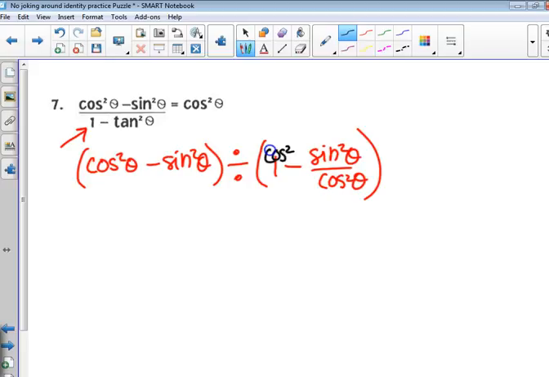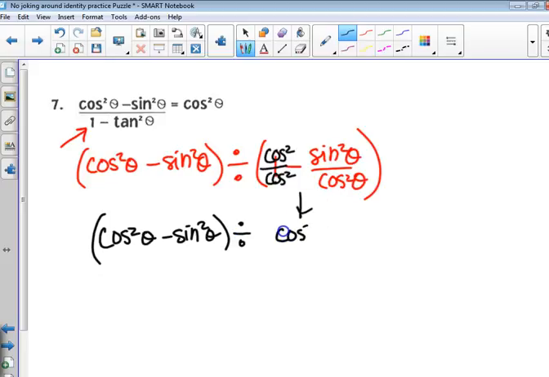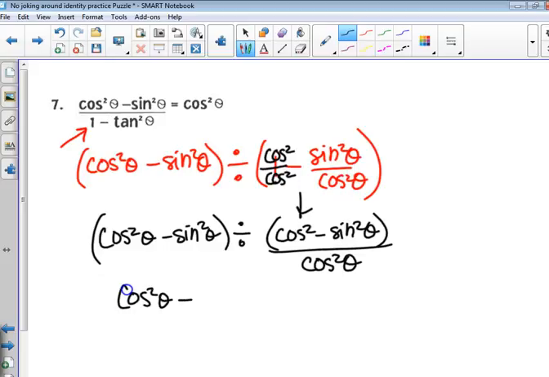This would become cosine squared over cosine squared, right? So then what would I have? Cosine squared minus sine squared, I'm still copying that parenthesis down, is being divided by, when I combine those, I have a cosine squared minus sine squared on the top. Now, I lost a theta, oh well, all over the common denominator, which was just a cosine squared, and then you do what? Yep.